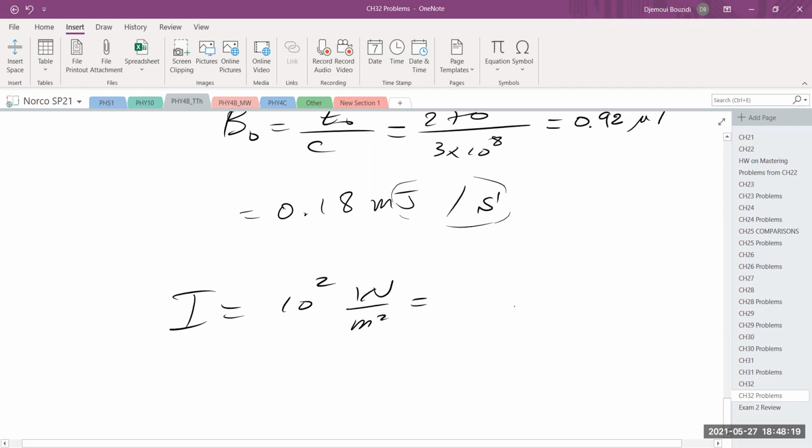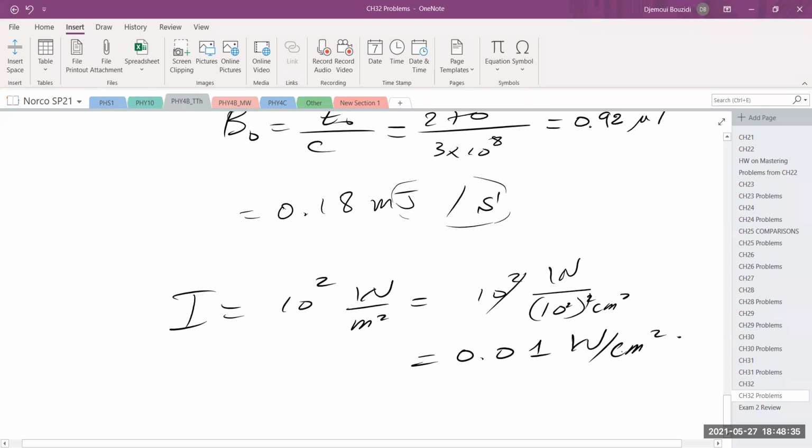So the meter is 100 centimeters, so 10 to the power 2 cancels 10 to the power 2. The answer is 0.01 watts per centimeter squared. So this is, in a nutshell, all of the numbers coming from this problem.